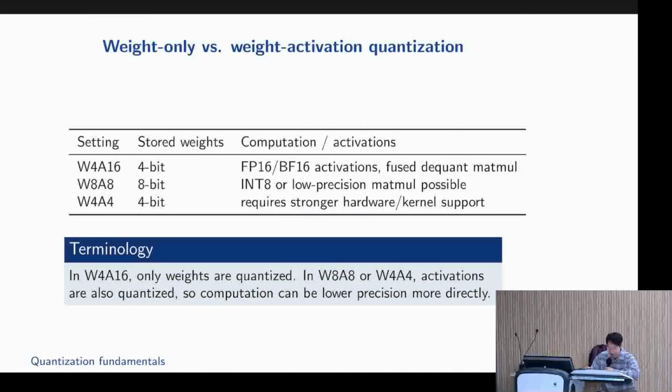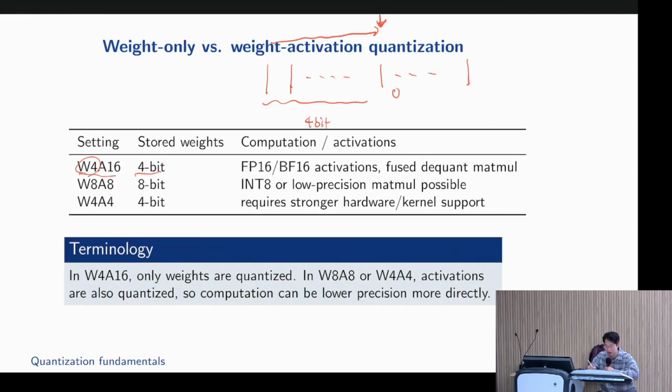I already talked about this. So once again, for example, if you have the W4A16 setting, the weights are stored using 4-bit. And for actual computation, let's say we have these layers, and we're looking at somewhere here in our computation. All the weights are stored using 4-bit.